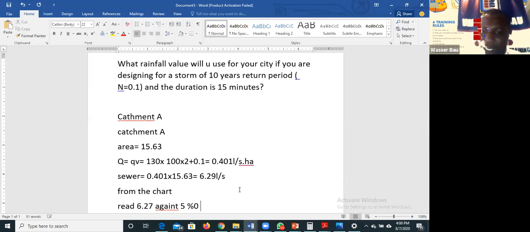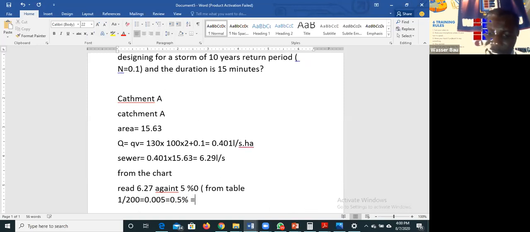Remember, from our slope, from the table, the slope is 1/200, which is equal to 0.005, which is also equal to 0.5%, which is now equal to 5 per mil.